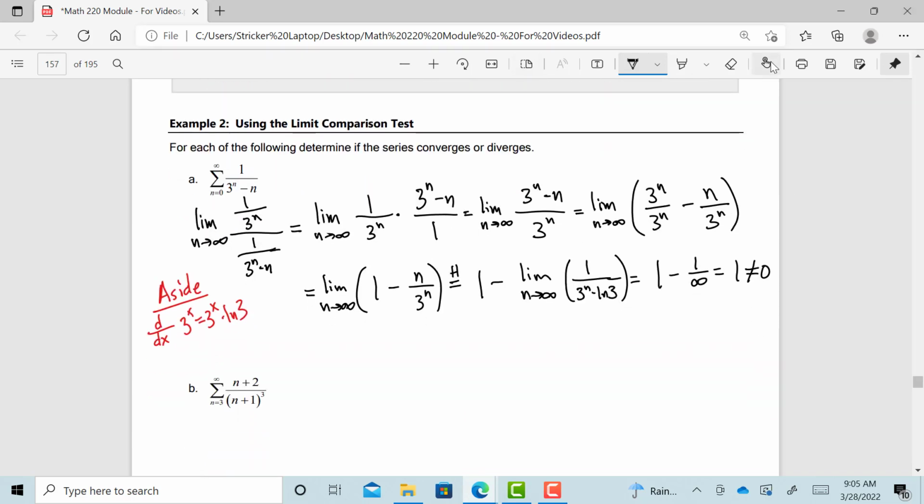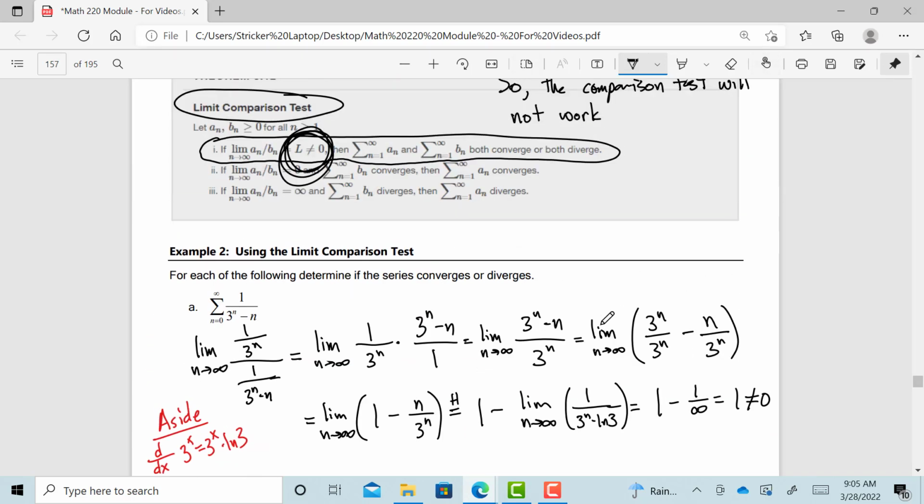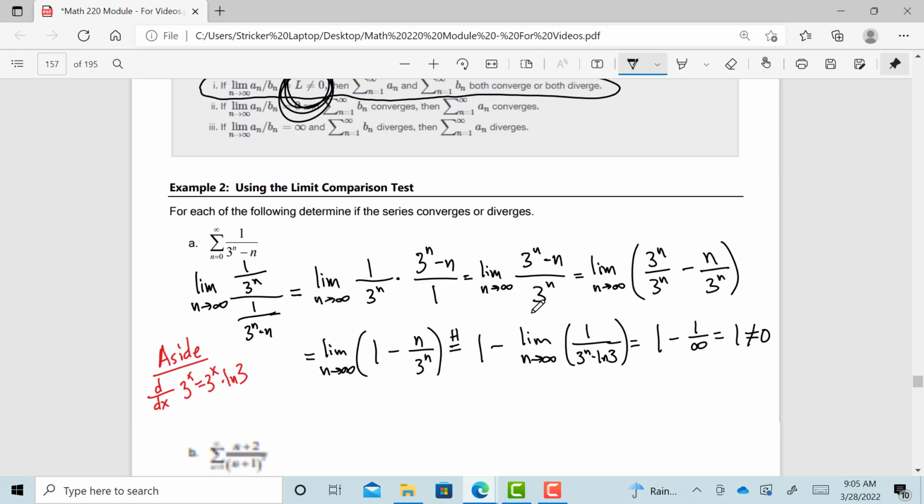So we can now make our statement. Remember it says, as long as we get some limit that's not equal to 0, then either both series converge or both series diverge. Well, the series we were comparing to converged.